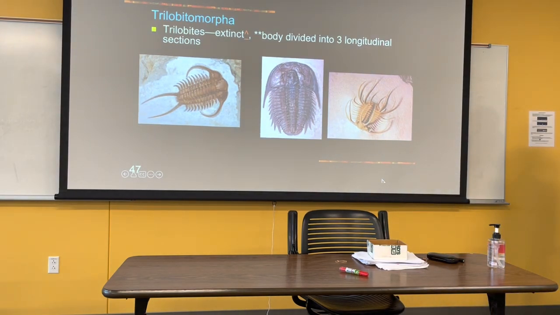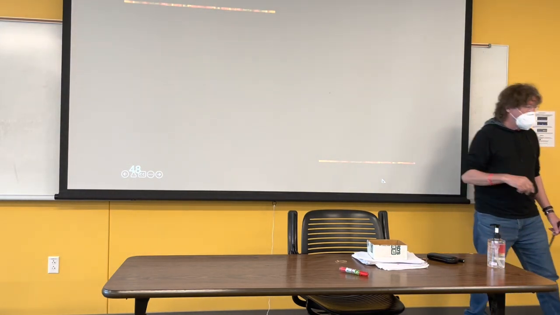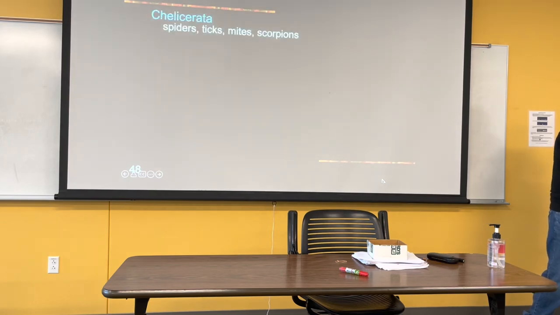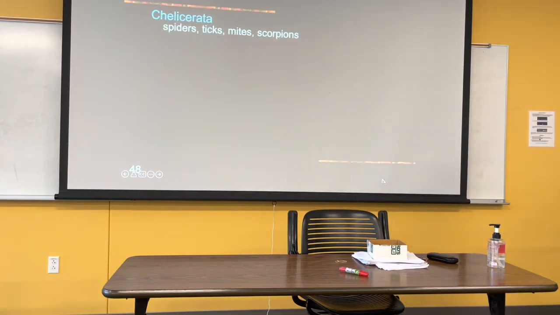Other than that, I just want you to know that they existed, and we're not going to pay any more attention to them. We just pay attention to what is alive today. And so I'm going to keep this as a trichotomy.